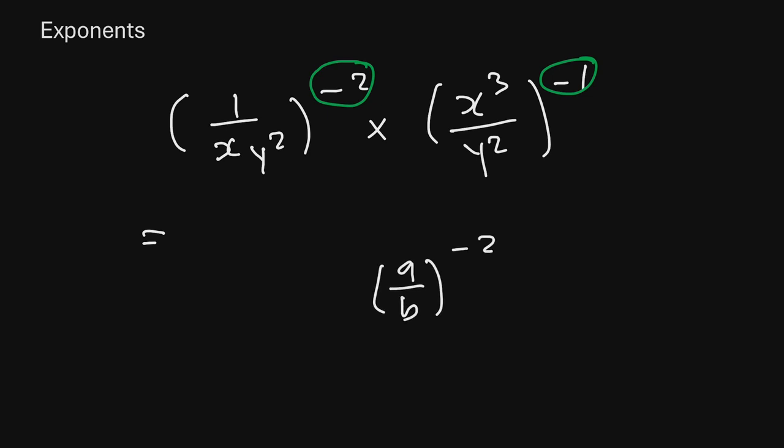To change this exponent to positive, we just change what is on top of the fraction to come at the bottom and what is at the bottom to come at the top. So this is the same thing as b over a all raised to the power of positive 2. That negative sign swaps the top of the fraction and the bottom of the fraction. So that's the first thing that you do when you see a negative exponent.